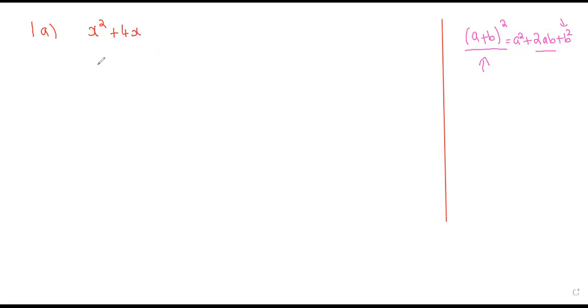So this is a squared plus 2a, that is x, into, in order to make 4, I will be multiplying 2. So I need to square this number, that would be 2 squared.